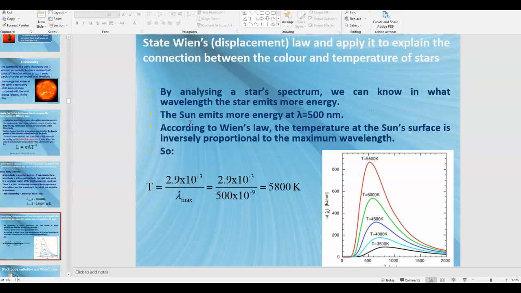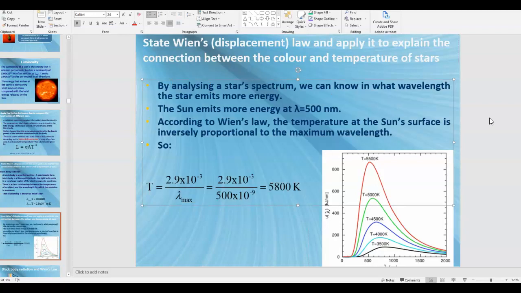Okay, now here is why this is useful. That peak wavelength that I talked about before is something that we can directly measure, because we have equipment where we can basically point, not a camera per se, but a sensor, and collect light from an object and measure directly what the peak wavelength emitted from that object is.